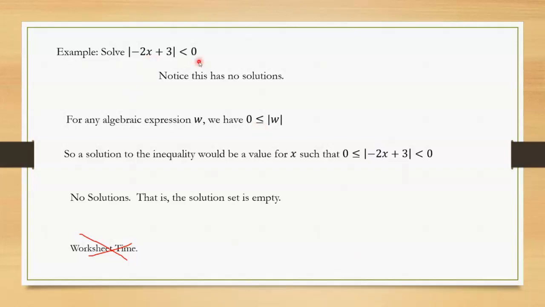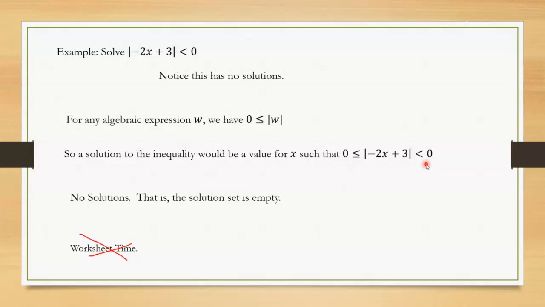So in other words, if you want to know when this is true, you're looking for all x, that is, numbers you could replace x by, where the absolute value of this is non-negative, but also negative. So it would be greater than or equal to 0 and less than 0.